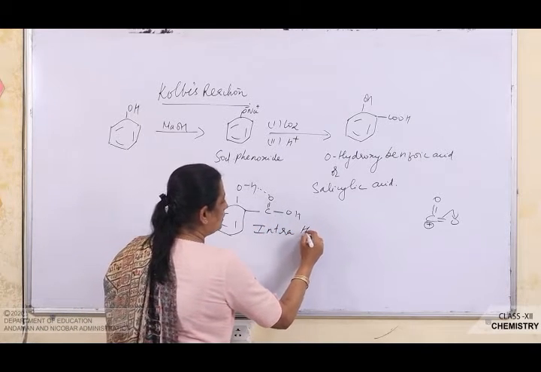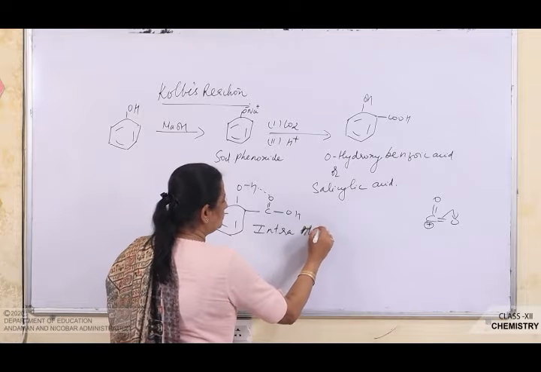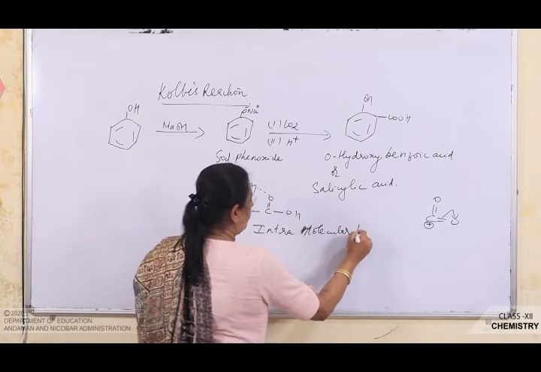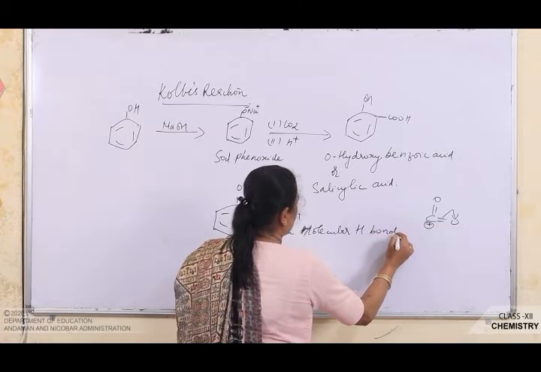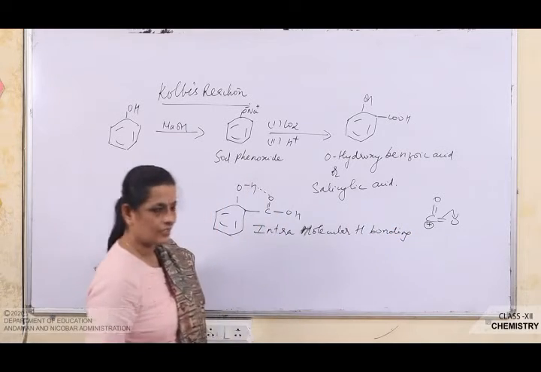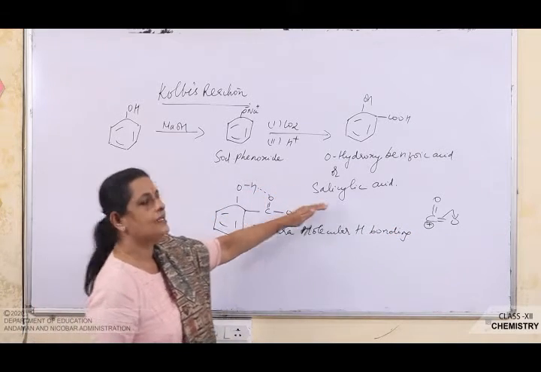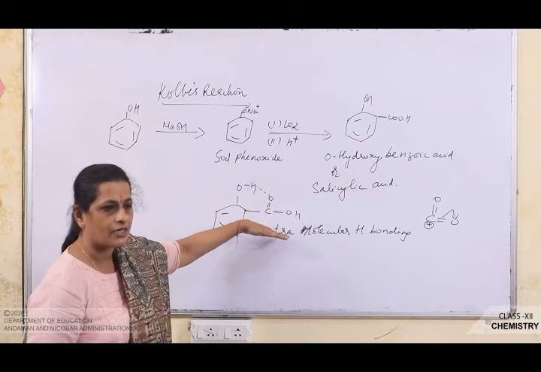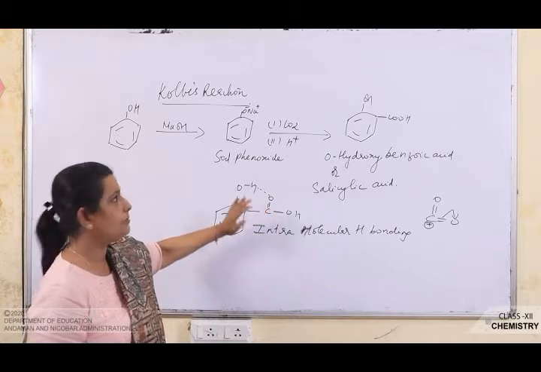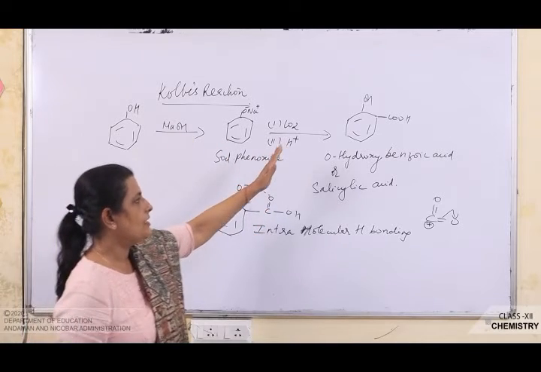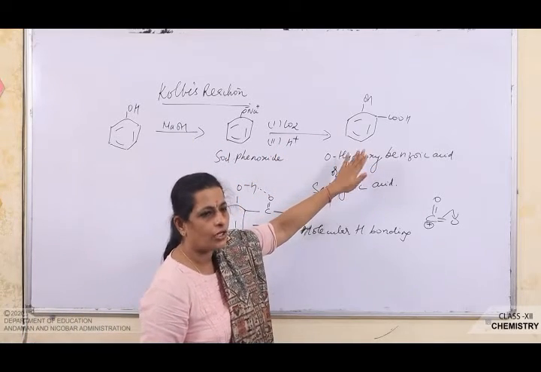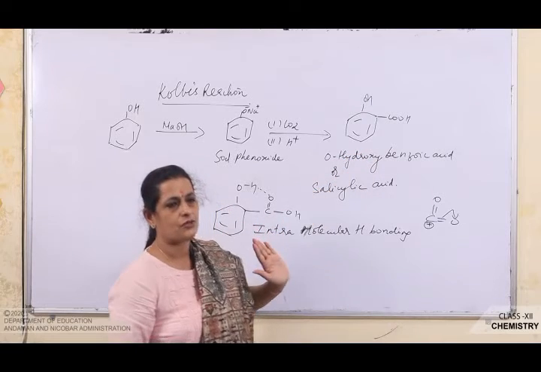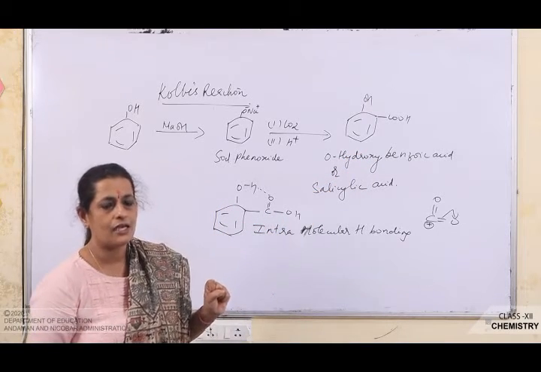So it is intramolecular H bonding. So is it clear? So that is the reason why salicylic acid is the major product, because here intramolecular hydrogen bonding is possible, so the molecule is more stable. So in Kolbe's reaction you are getting the major product as what? Ortho hydroxy benzoic acid and not para hydroxy benzoic acid.